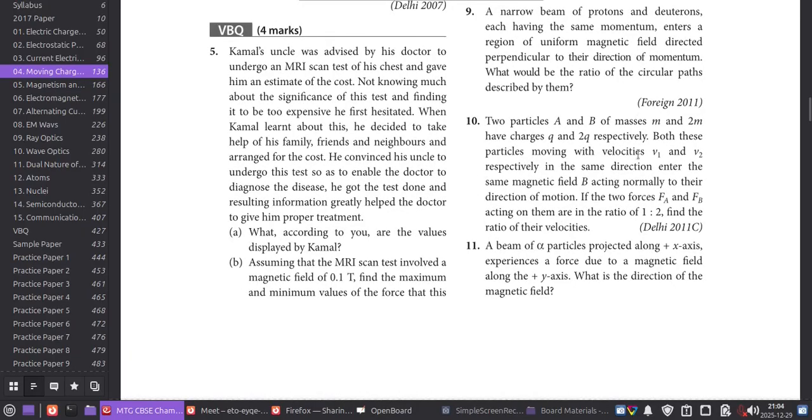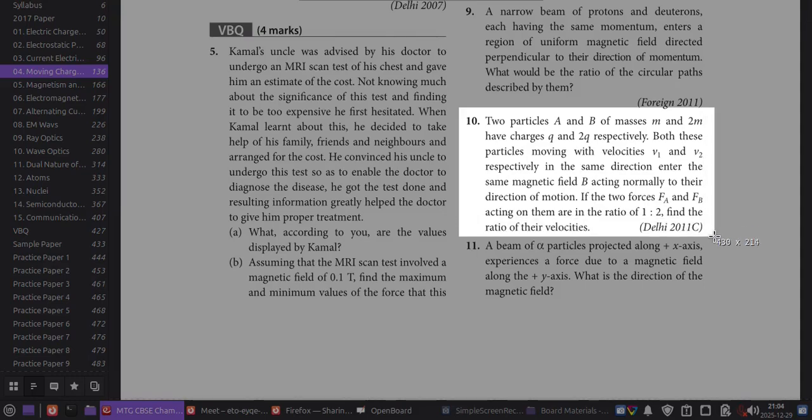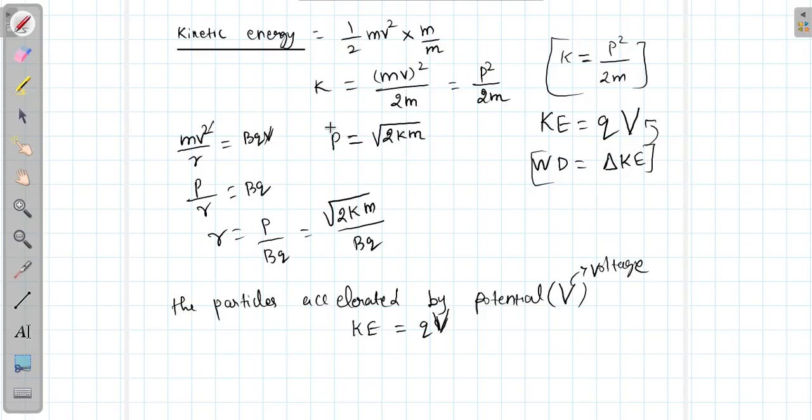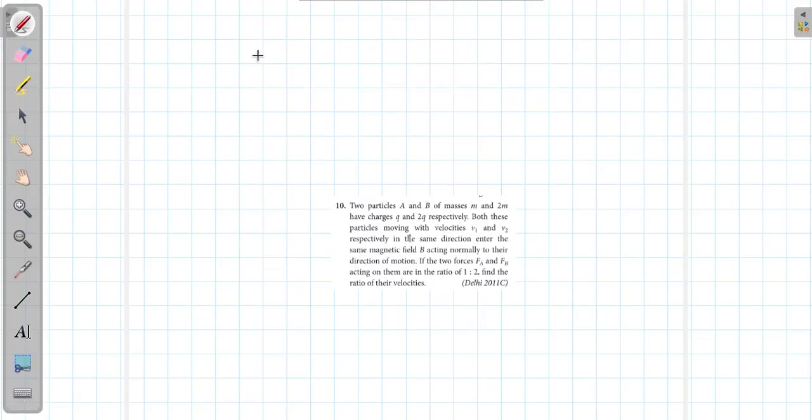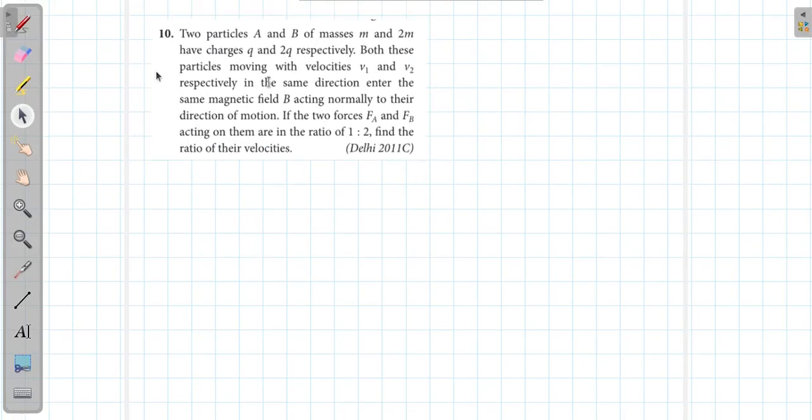Now see this question. Try to solve this one. Question number 10. Particles A and B have masses m and 2m, charges q and 2q, and they move with velocities v1 and v2 in the same direction and enter the same magnetic field.